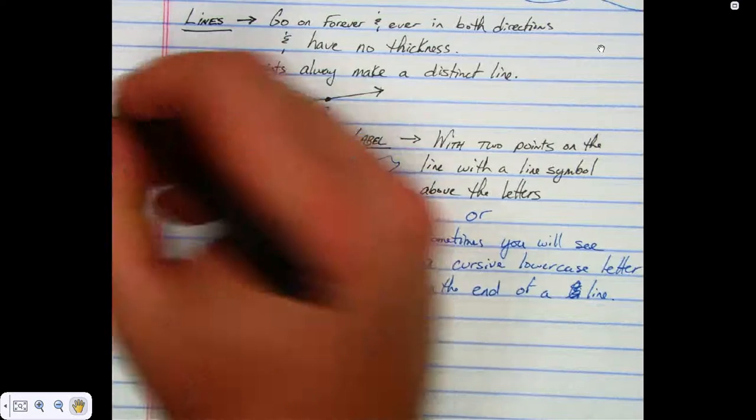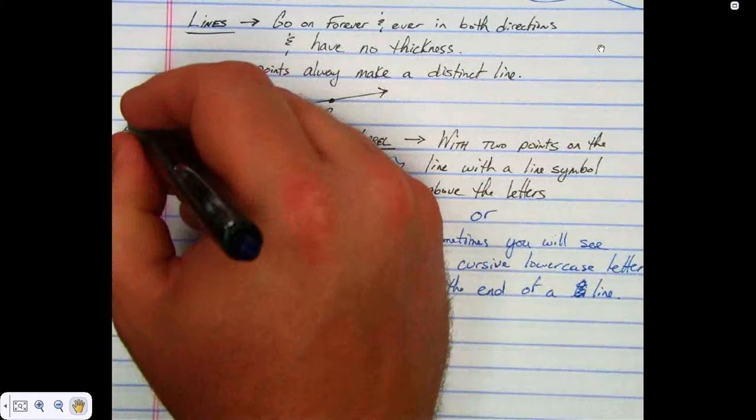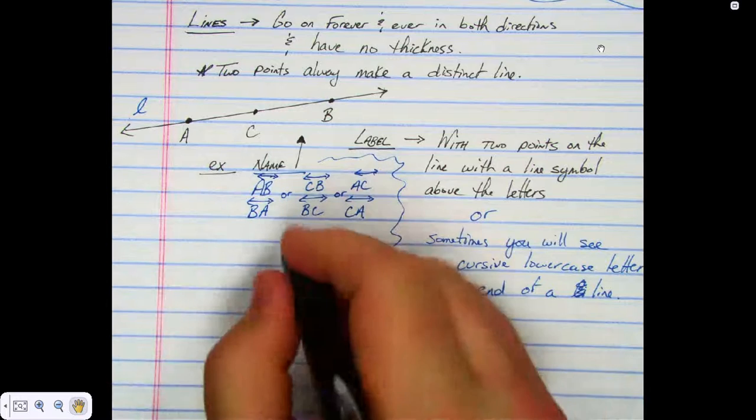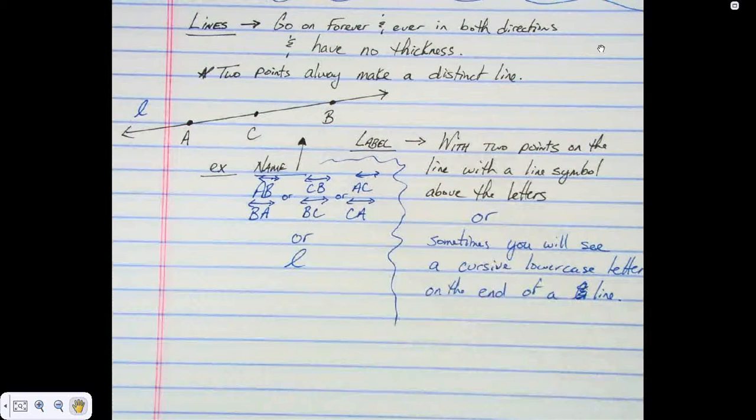In other words, like right here. Everybody look up here. Right by this arrow, if they wrote that, is that a cursive L? Yes. So another way to name this would just be to call it line L. The fact that it's cursive tells you, basically says the word line, and the actual lowercase letter tells which one you're talking about. Also, do you want to have to put the line above it? No, that's all you've got to put. The fact that it's cursive and lowercase tells you it's a line.